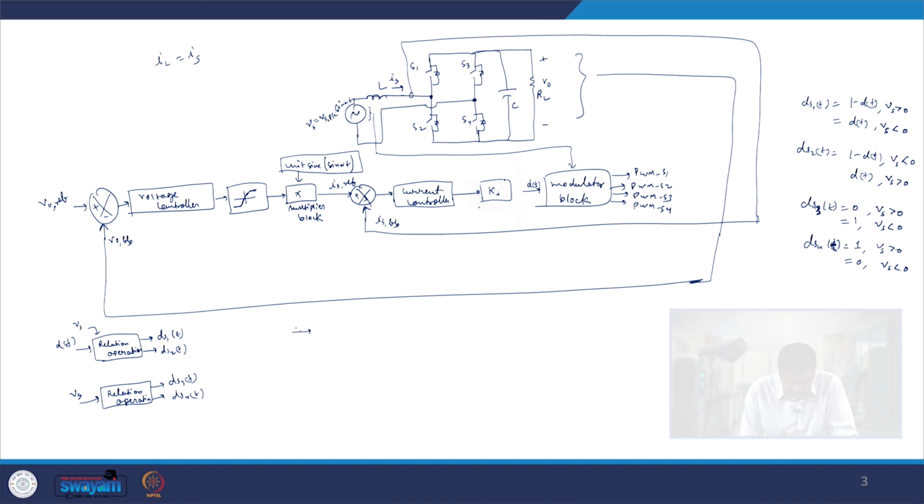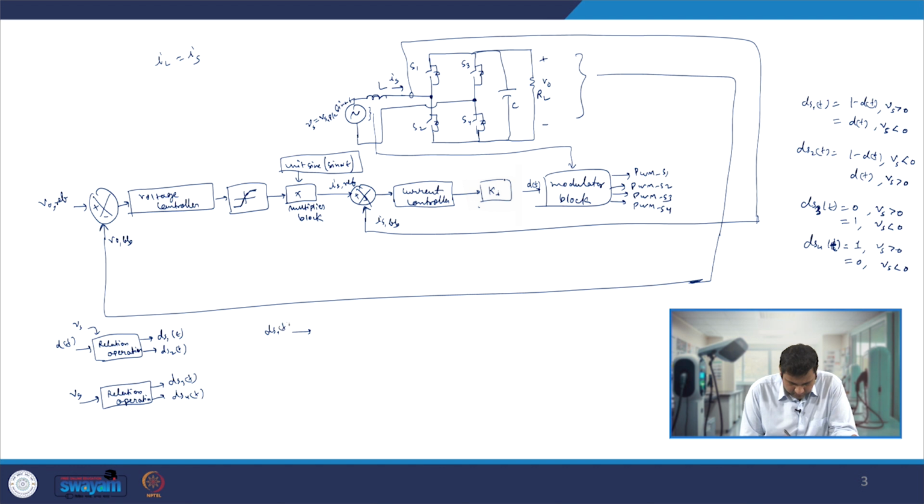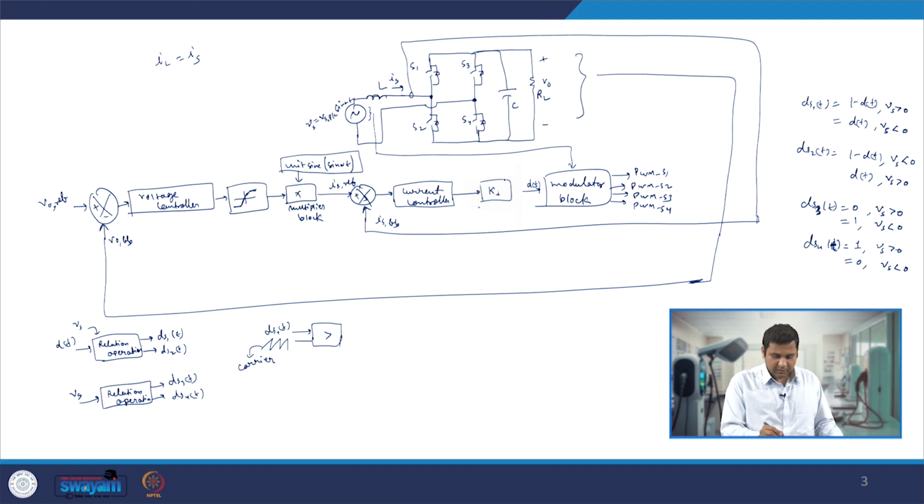Let's say you have taken dS1 of t through a comparator block and you have the carrier. This is nothing but your carrier. Now this carrier will be at a higher frequency, the carrier frequency is nothing but fsw, the same as the switching frequency of S1 and S2, and that will give you the PWM of S1.